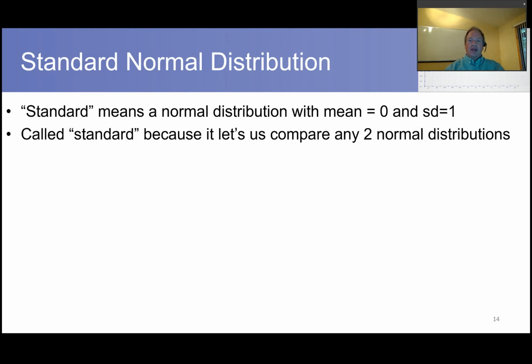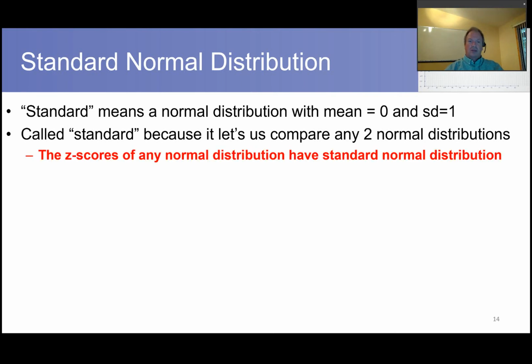And the reason why it's called standard is it lets us compare values from different normal distributions. Because it turns out that if you take any normal distribution and you compute its z-scores, they have a standard normal distribution.